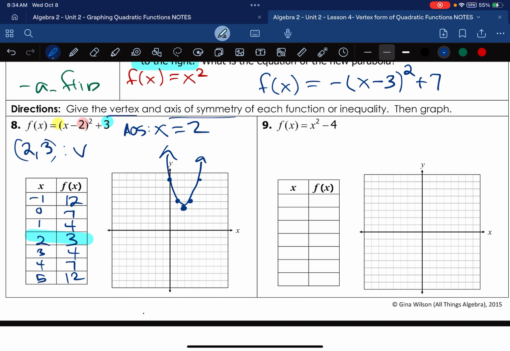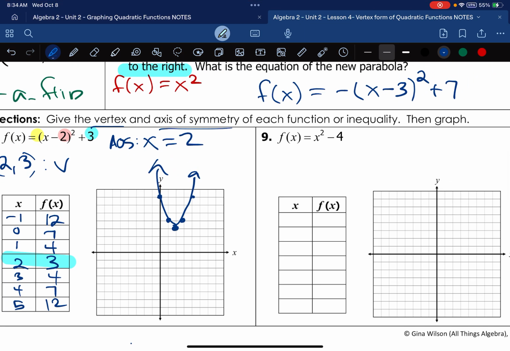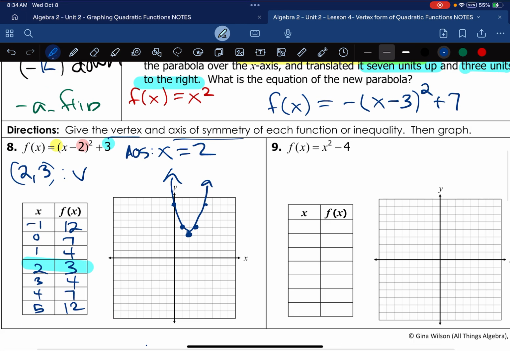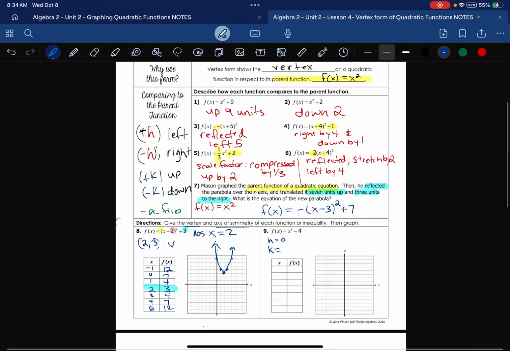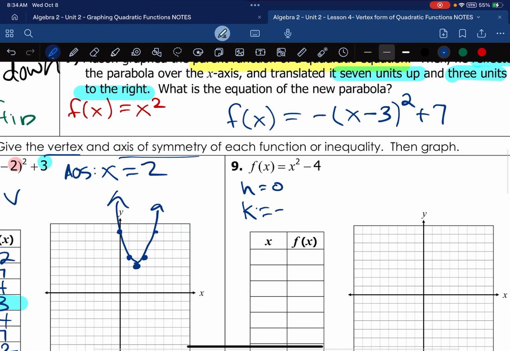All right, let's repeat the process. Vertex and axis of symmetry. So in this, again, I don't have a parentheses around my x, so there is no h. So if I was to identify h, it is 0 in this equation. And k, because it's a negative and our vertex form has plus k, we had to put a negative 4 in the place of k.